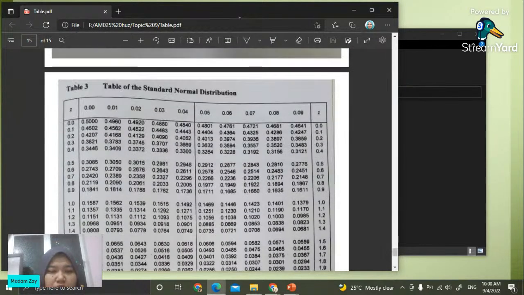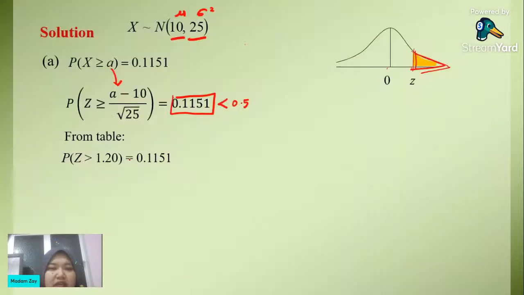So 0.1151, where is 0? Yes, this is the 0. 0.1151 is here. So we can see that it's directly the 1.20 value. So we can say that probability of Z more than 1.20 is equal to 0.1151.